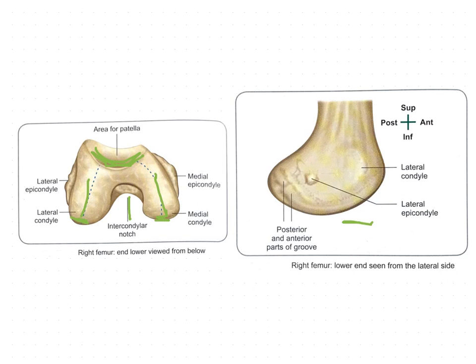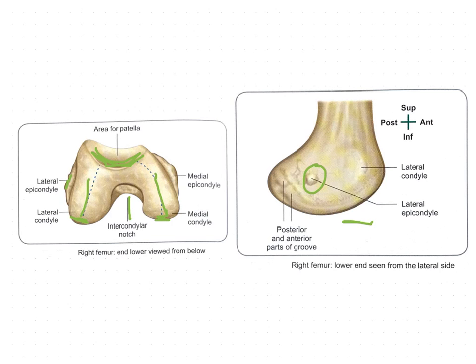This lateral condyle possesses an epicondyle called the lateral epicondyle. Here you can find this lateral epicondyle, which is a low rounded elevation on the lateral aspect. Normally it gives attachment to the ligament, and there is a groove between the epicondyle and the articular margin.